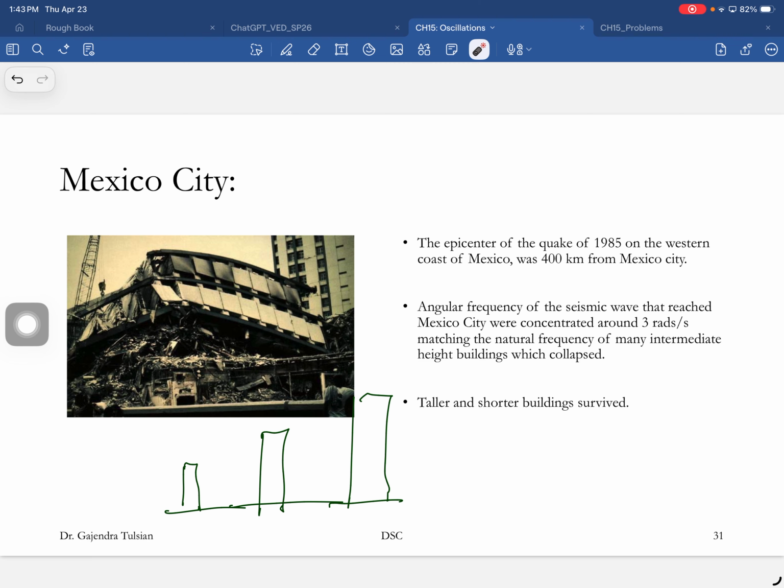Taller and shorter buildings survive. This didn't match the frequency of this guy or this guy. It matched the frequency of this guy, and these guys collapsed. These guys survived in the same region.